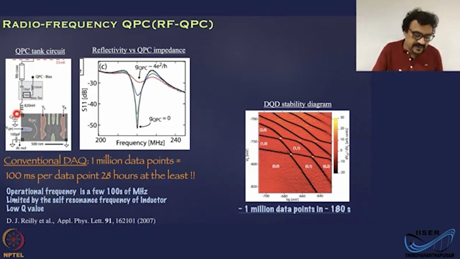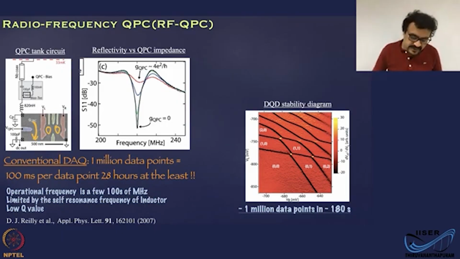You have an inductor plus a capacitor connected to the quantum point contact next to this quantum dot. What you have is a double quantum dot system here. So you have two quantum dots. When you energize the gates, then you have a quantum point contact.